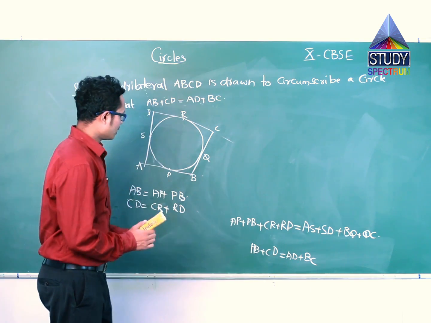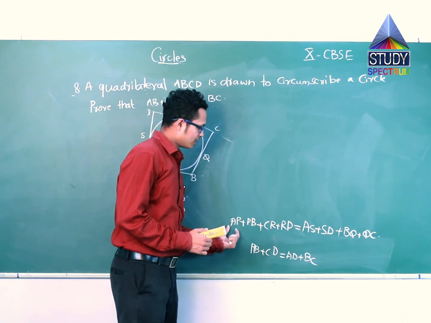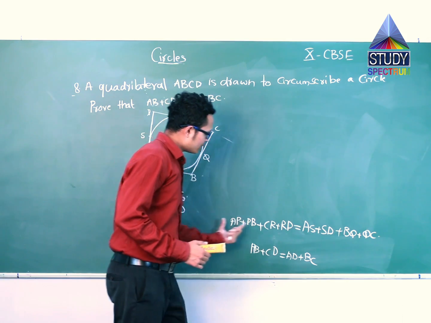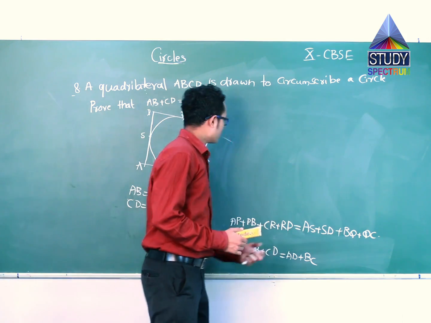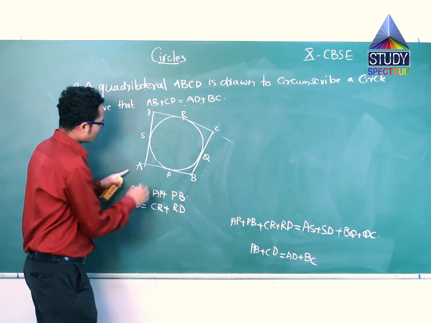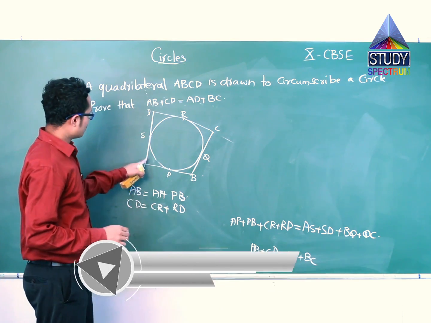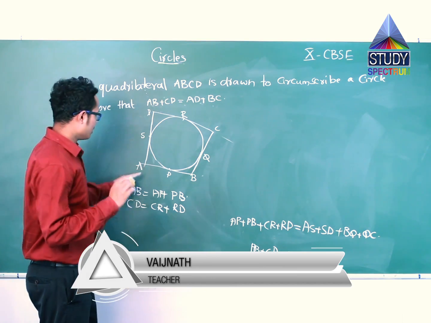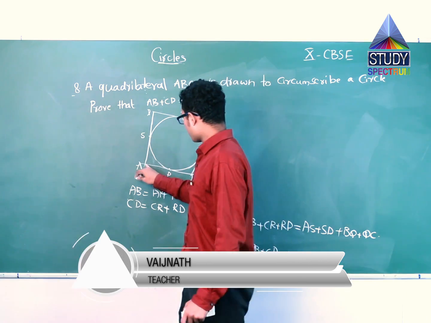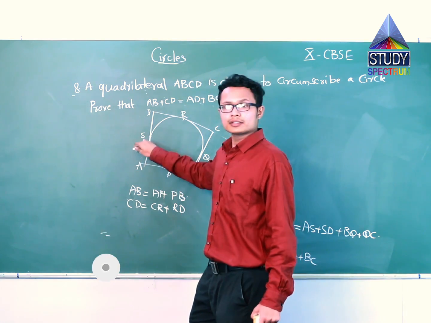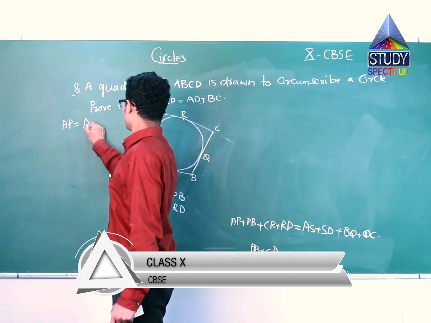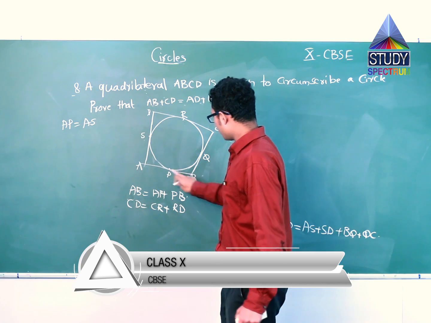Now we have to show in the answer how we got this. How does this equation come? It comes from here. We know that tangents drawn from an external point to a circle are equal in length. So let me write all those equations. Starting from here, AP is equal to AS, and BP is equal to BQ.